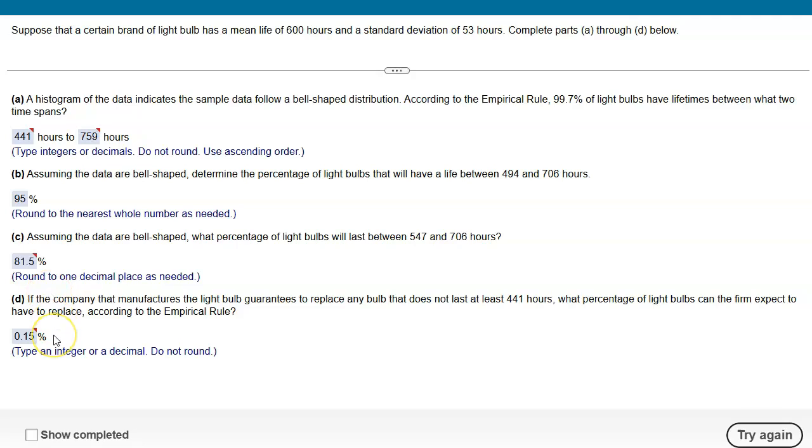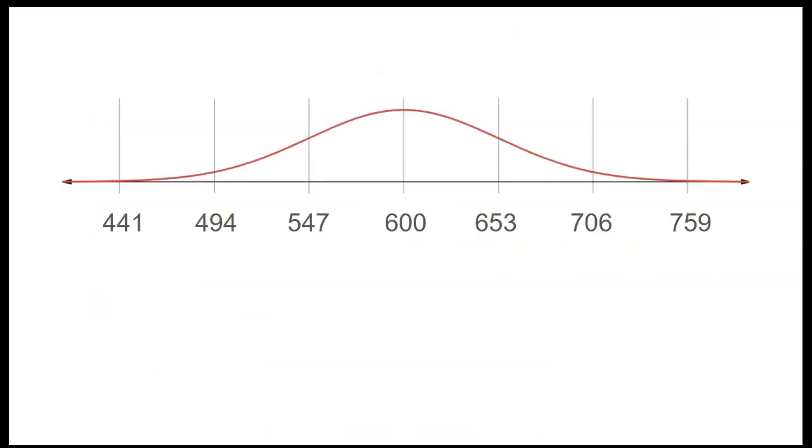Now, the next 2 questions will also use that other piece of normal distributions, which is that they are symmetric. So for this next one, we're looking for the percentage between 547 and 706. When we come back to our tool, we see 547 is 1 standard deviation below. 706 is 2 standard deviations above. You have some options here.